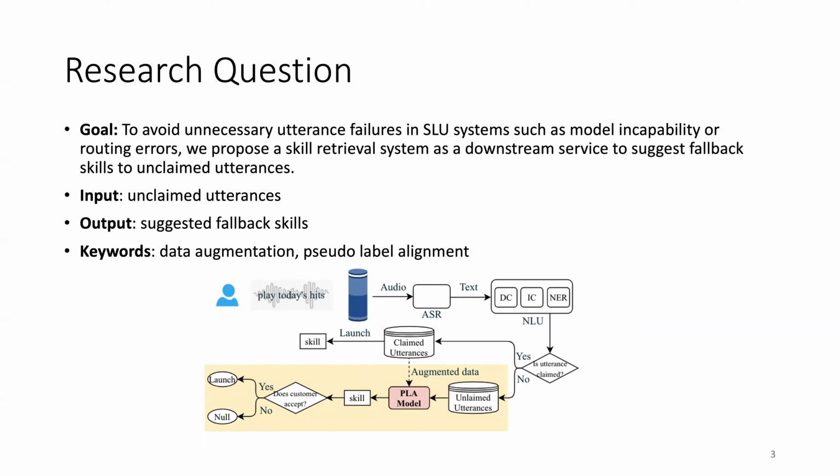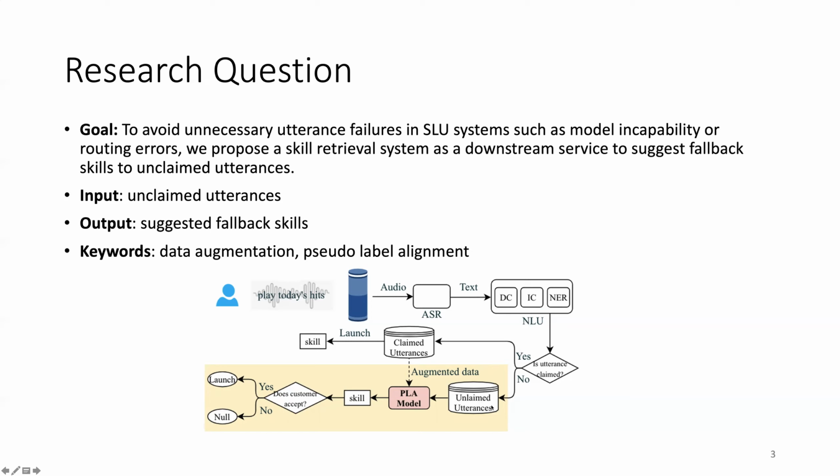But in this paper, we propose a PLA model, the Paraphrase Label Alignment model, which leverages claimed utterances and tries to find fallback skills to handle those unclaimed utterances. As we mentioned before, those unclaimed utterances are caused maybe by the NLU module incapability or some routing errors.